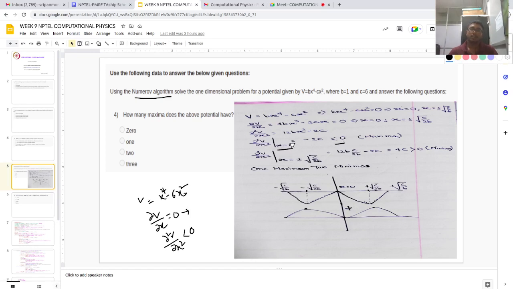So x equals 0 will be a maximum point for this potential, and plus minus root c by 2b are the minima points. What I did initially is plot this. This might be an approximate plot, and if we go beyond these points, the potential will keep increasing beyond minus root c by b and plus root c by b.